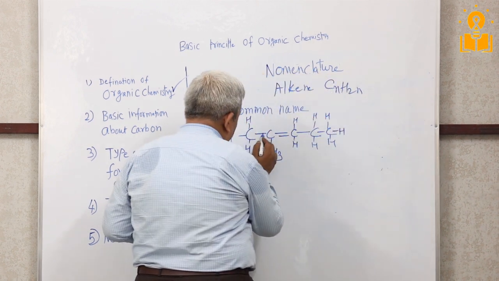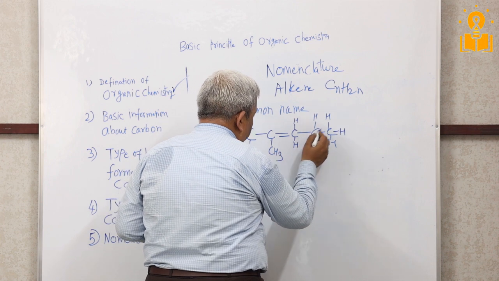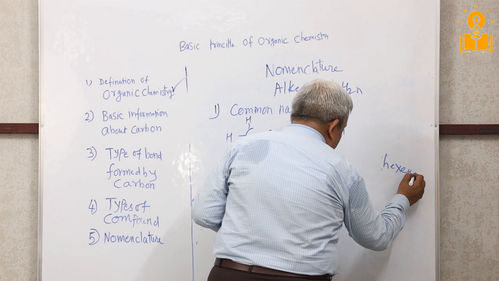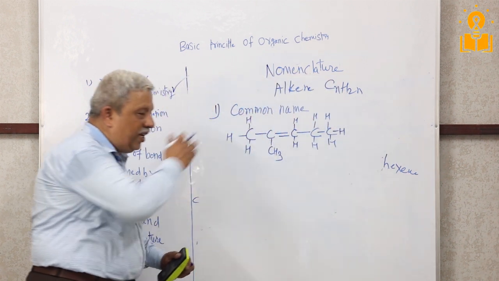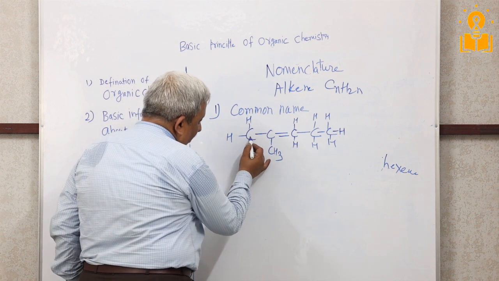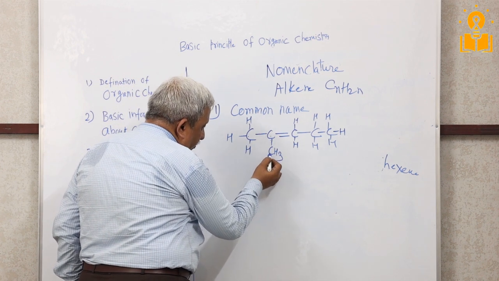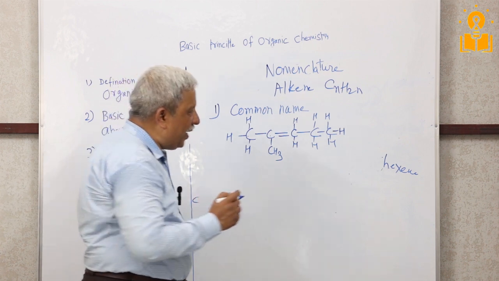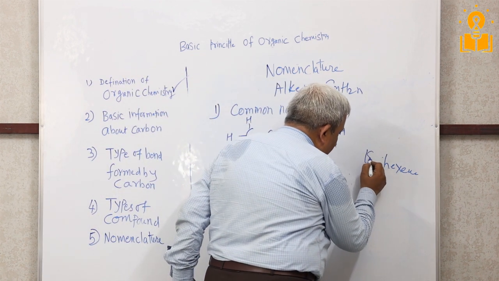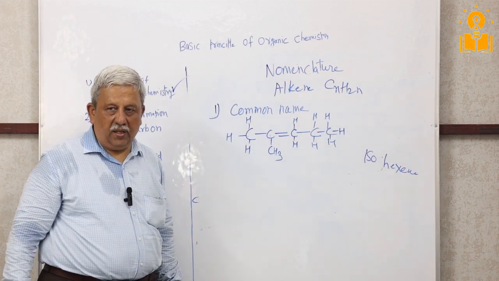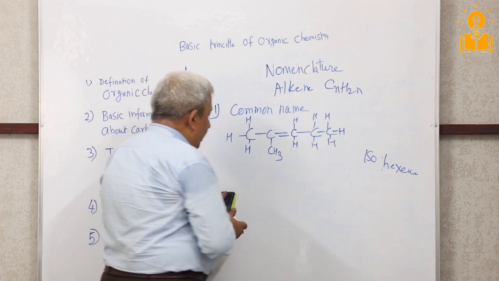Sorry, 1, 2, 3, 4, 5, 6. So it is a hexene. Now, is it a normal hexene? No. We can see that at the second carbon below, there is a substituent, that is CH3. So it is an isohexene.